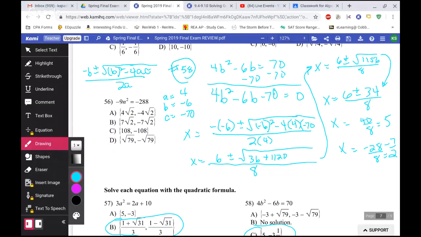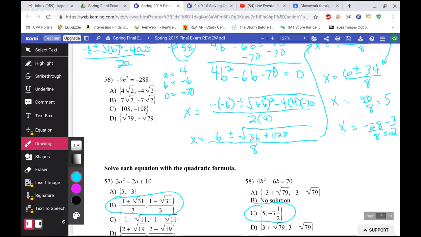So 6 plus 34 is 40 over 8, which reduces to 5. 6 minus 34 is negative 28 over 8. And that reduces to negative 7 over 2, which if I were going to make that a mixed number instead of an improper fraction, it's negative 3.5. So my answer is C.